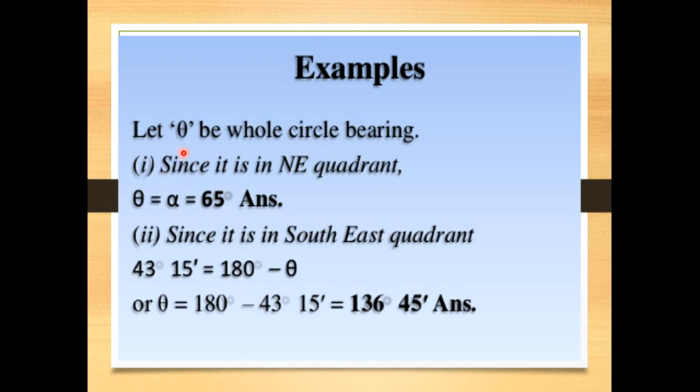So first, let theta be the whole circle bearing. Since it is in the first quadrant, theta is equal to alpha, which is 65 degree. Then second, since it is in the southeast quadrant, 43 degree 15 minute is given.